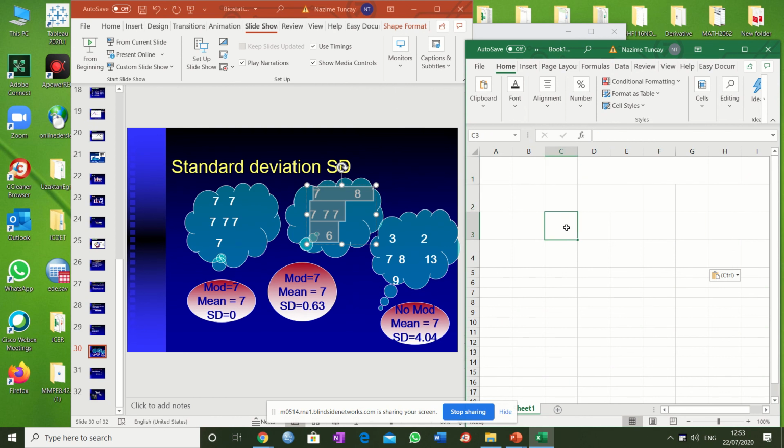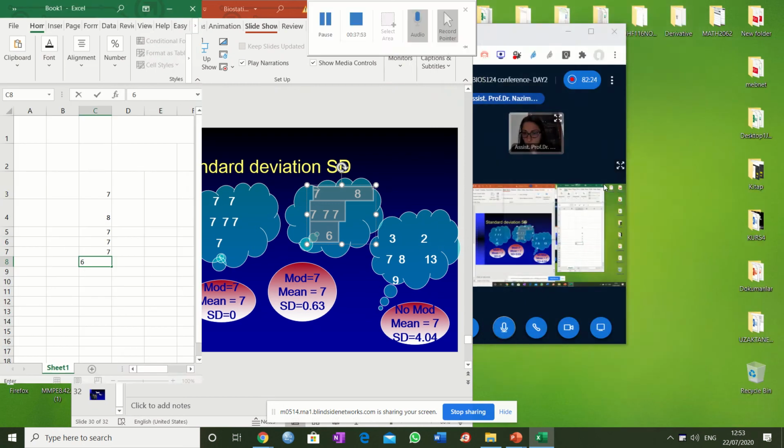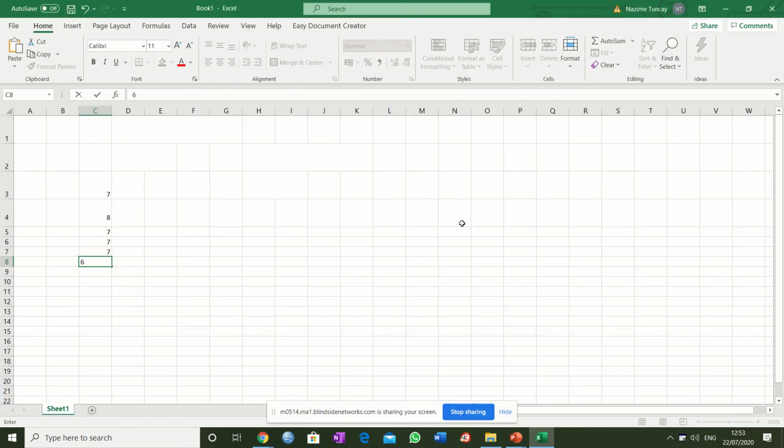Okay, so here I have 7, 8, as you can see, 1, 2, 3, 7, and 6. Excel can calculate directly for us.